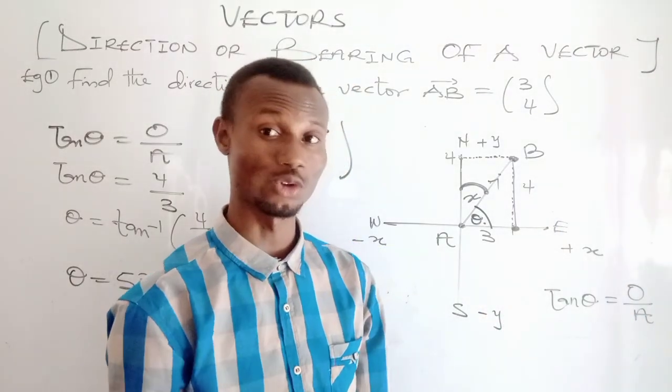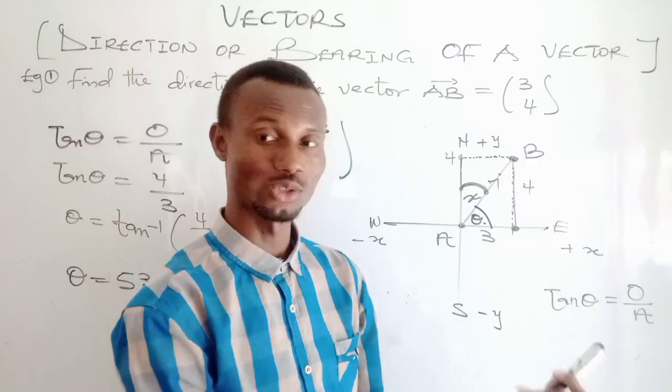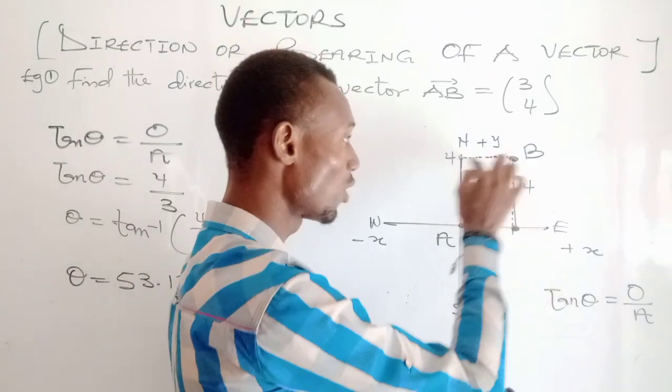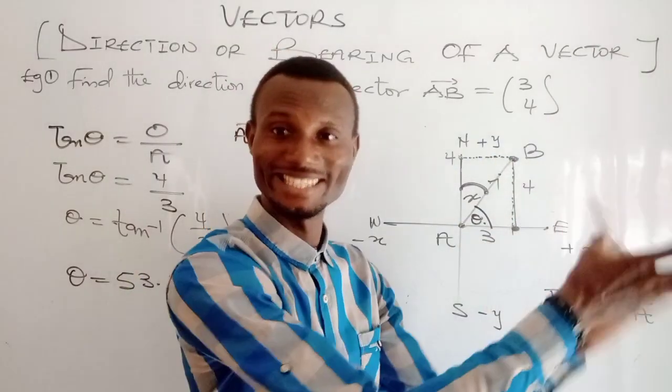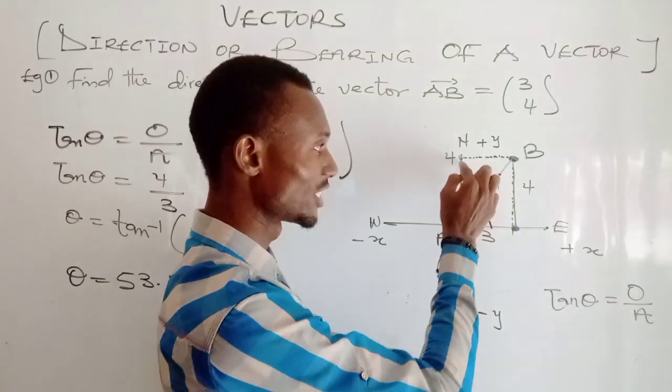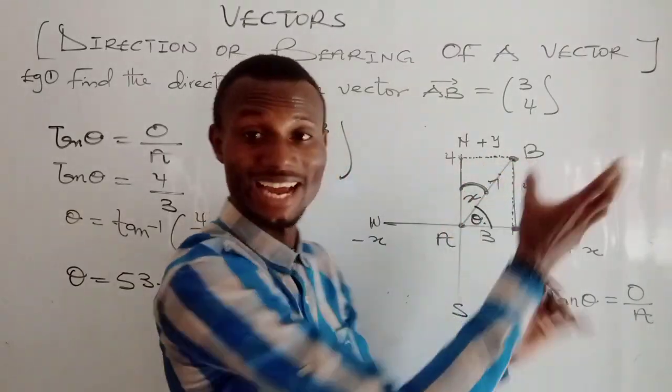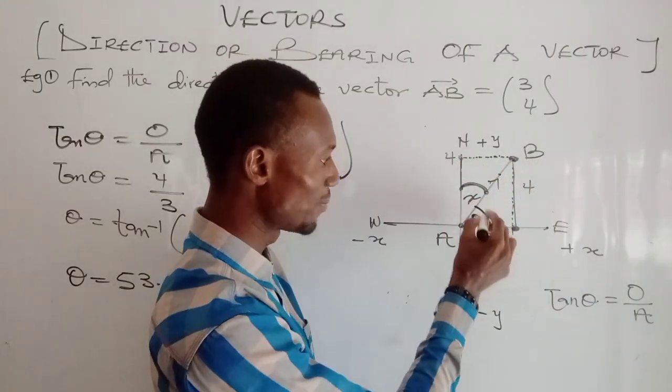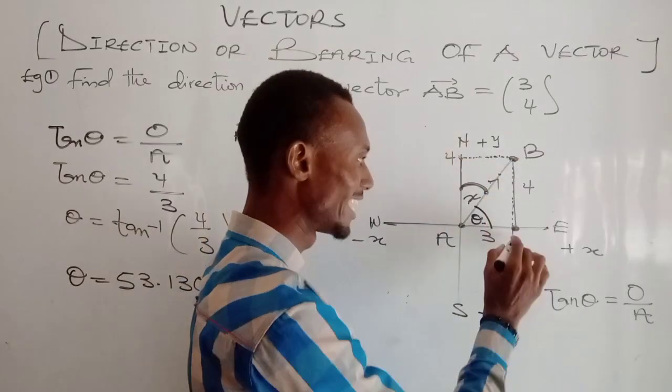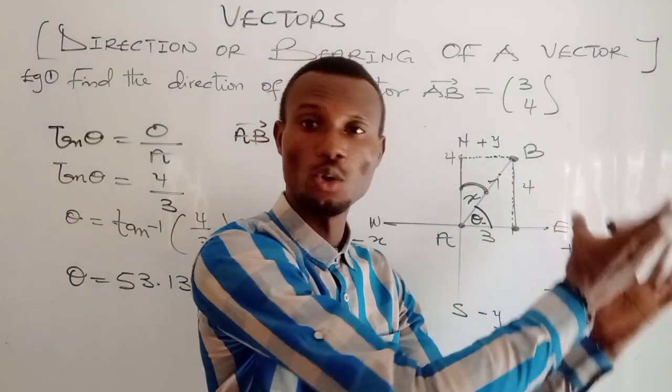Then I'll proceed to solve for the value of S. Why should it give us 90 degrees? Because the whole of this quadrant is 90 degrees. The angle which is formed at this quadrant is 90 degrees, so the angle here plus the angle here should give us the 90 degrees formed at that quadrant.